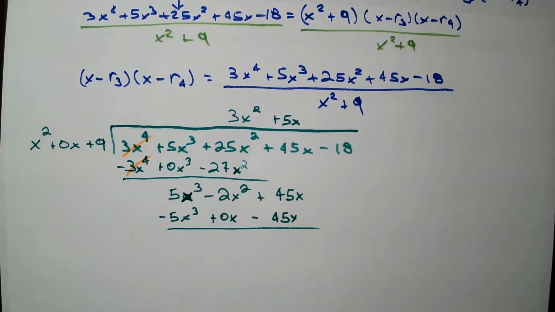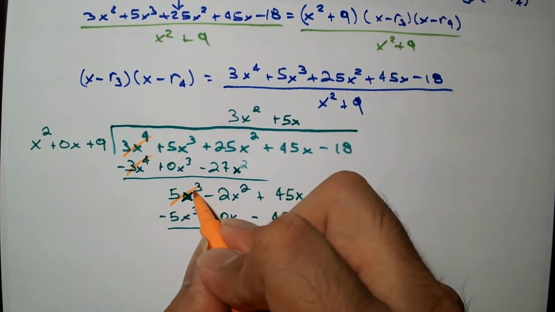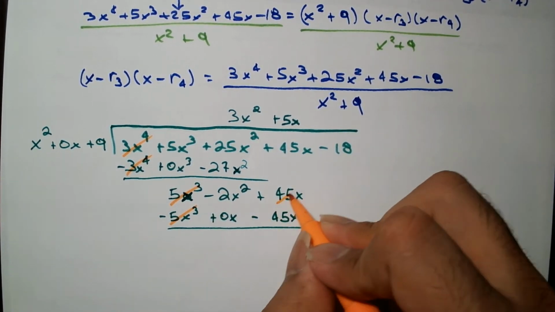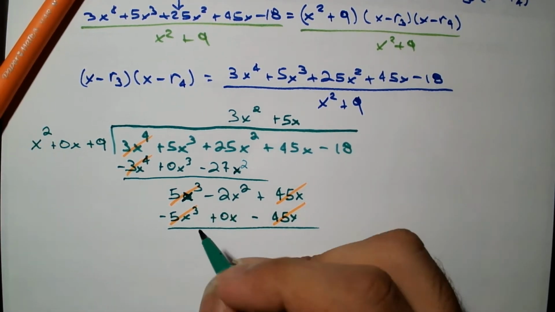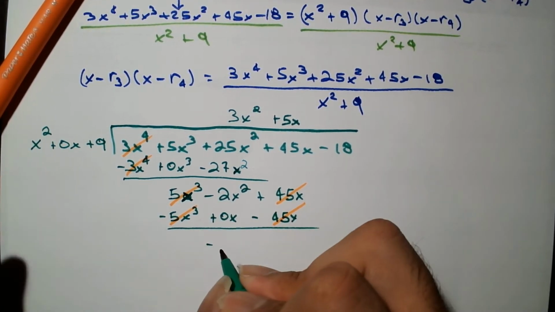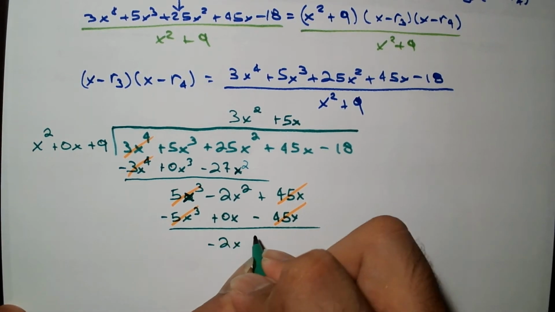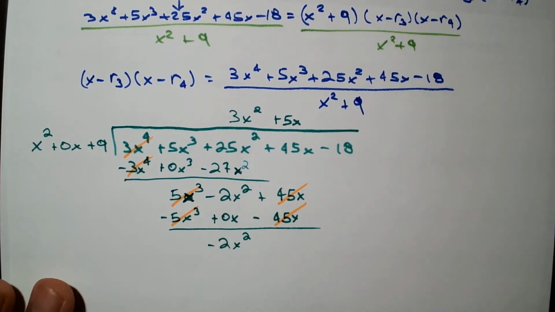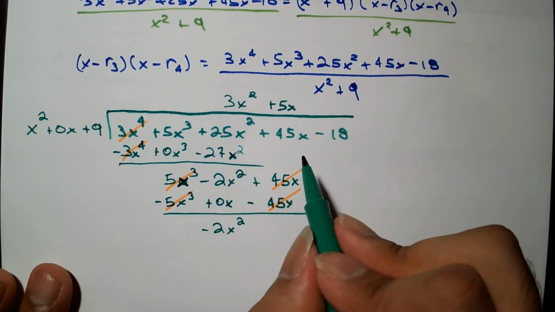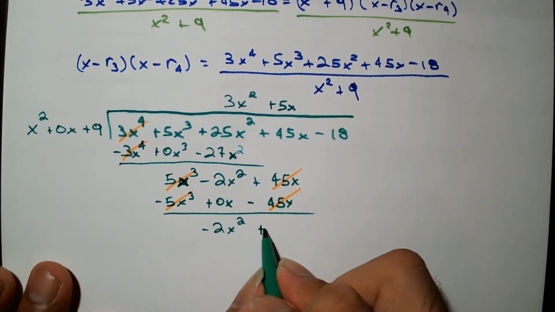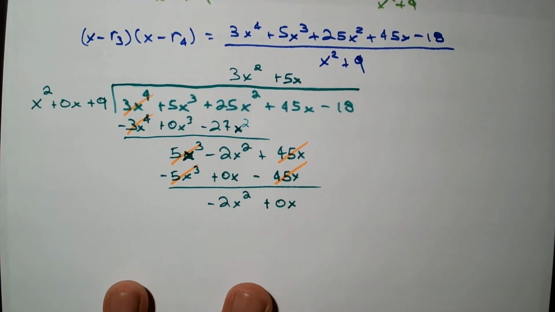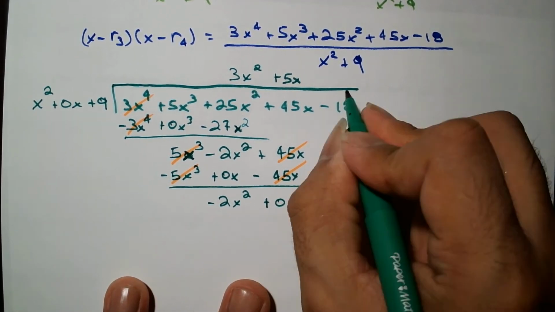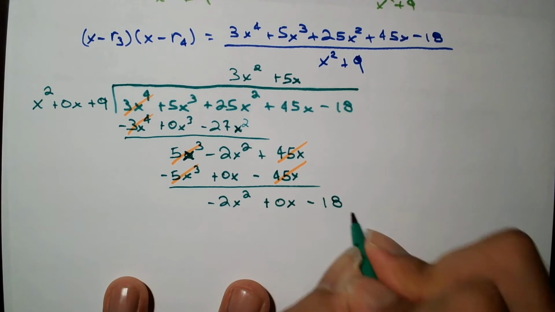So in this case, these guys go away, these two go away. I'm going to remain with negative 2x squared, and then I'm gonna add this placeholder 0x, and I'm gonna drop the constant term, which is negative 18.